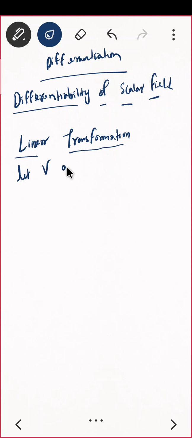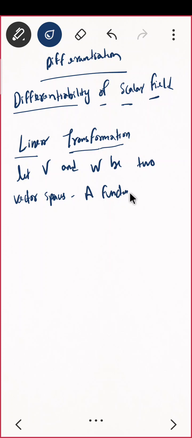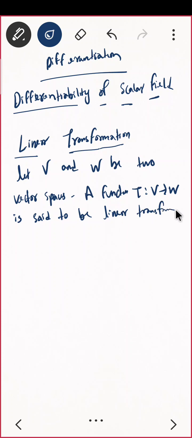Let V and W be two vector spaces. A function T from V to W is said to be a linear transformation if two conditions. What are the two conditions? Can somebody tell me?